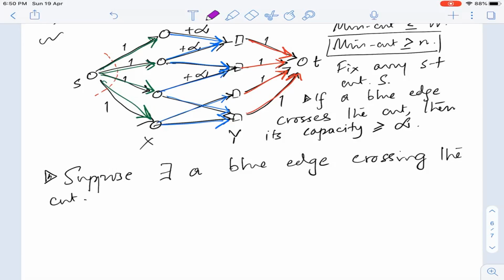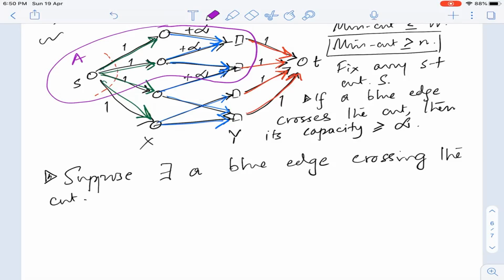Suppose I give you this cut. That is the A side of the cut. And everything else is on the B side of the cut. Okay. Good.